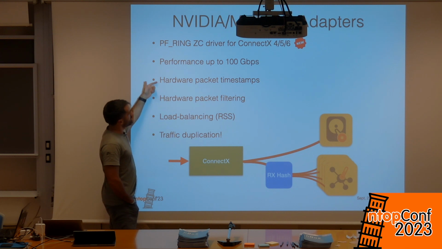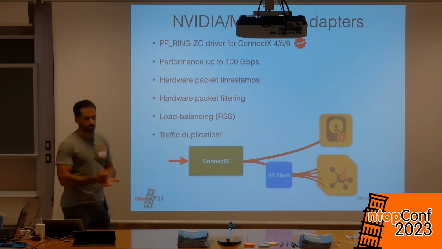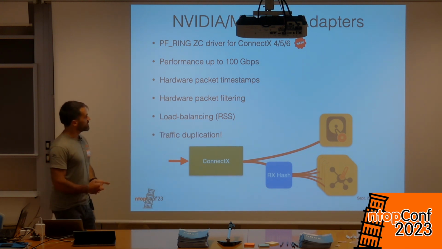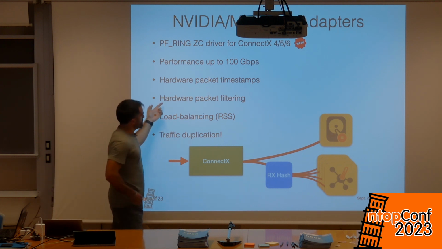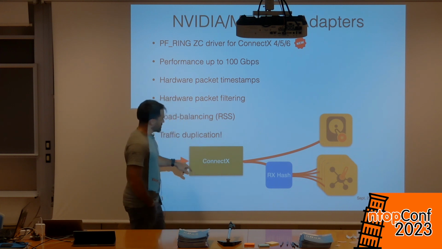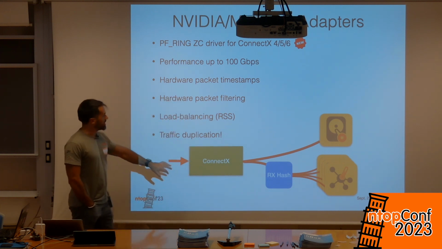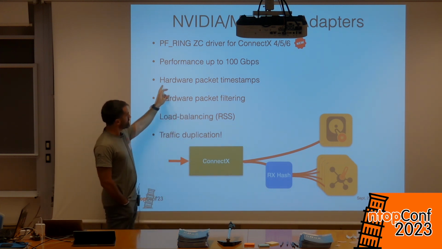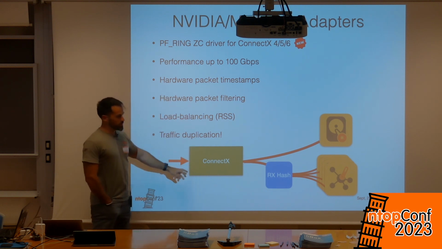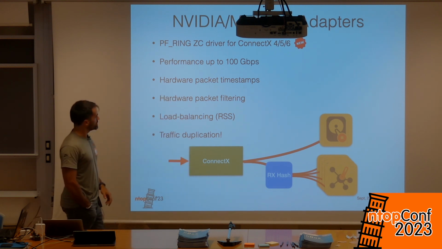They provide hardware timestamps, so for each packet they give us a stamp with nanosecond resolution. They allow us to filter the traffic in hardware, in the adapter itself, saving CPU cycles. We can push a lot of rules, usually 64,000.